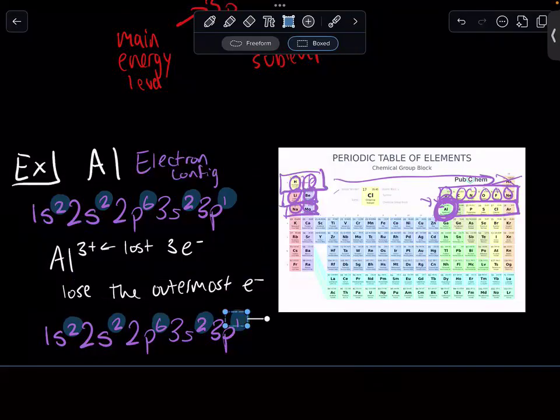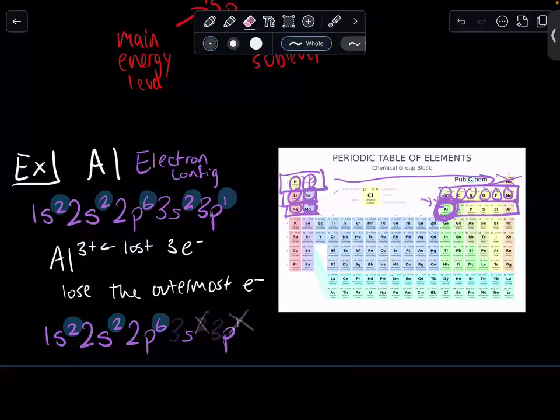So we would lose this one. That gives us a 1 plus charge, and then these two giving us a 3 plus charge. And so what we can really see is that aluminum would end up looking like 1s2, 2s2, 2p6. So that is what aluminum 3 plus becomes.